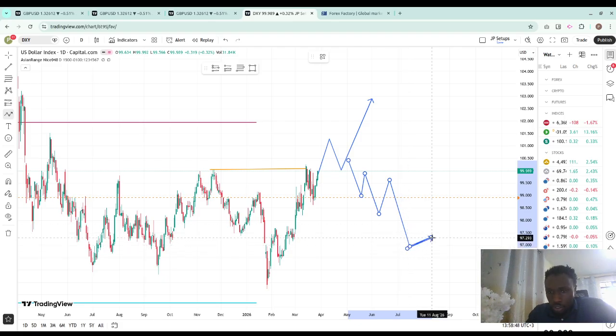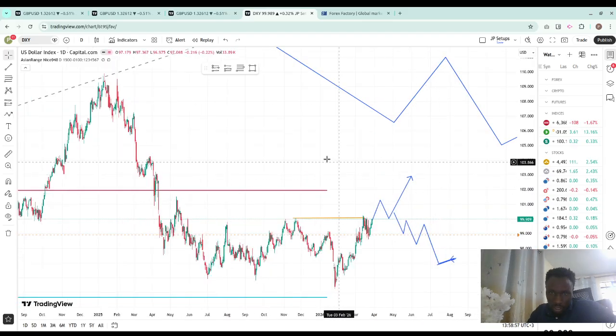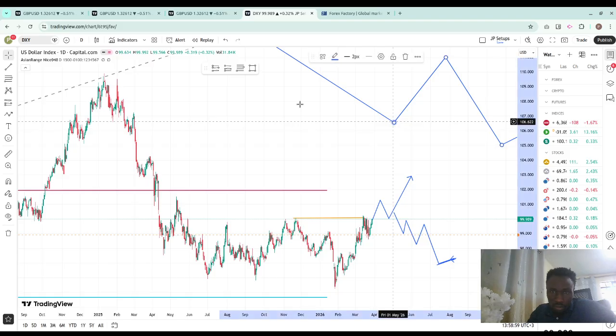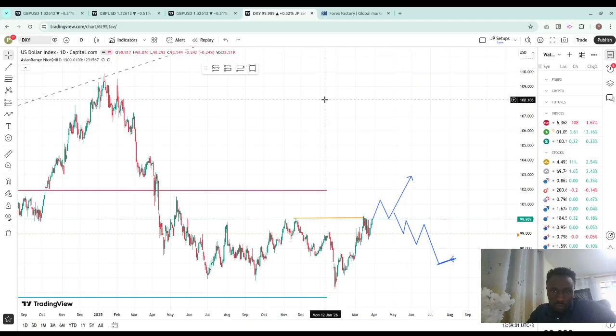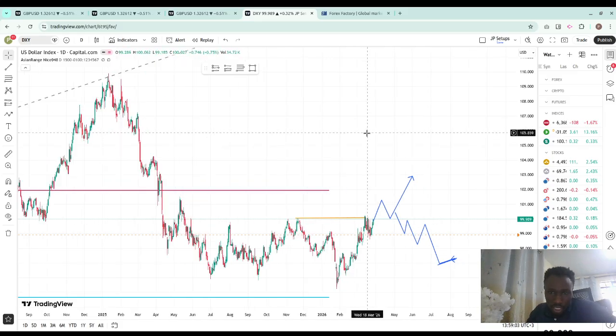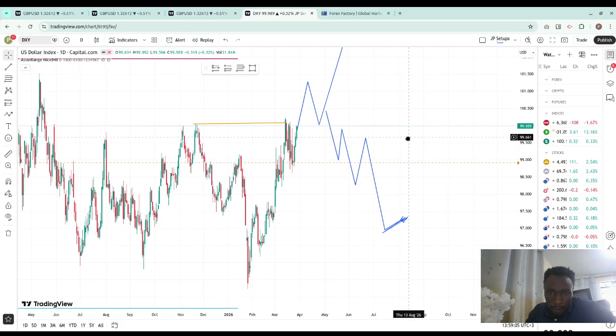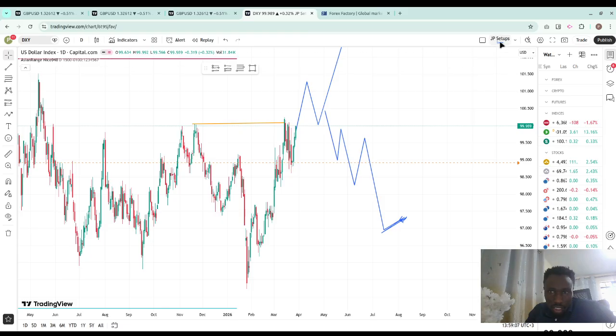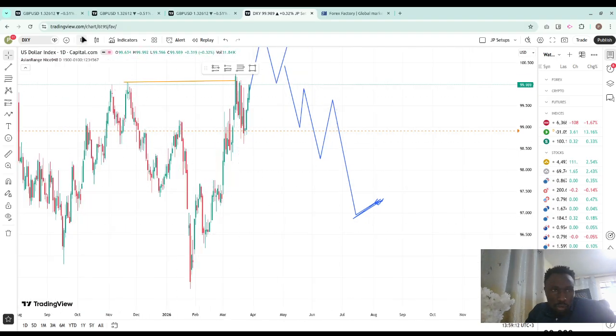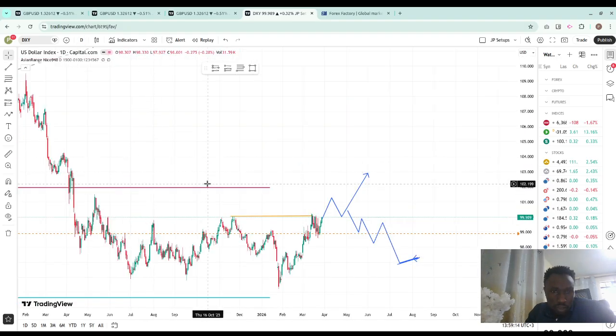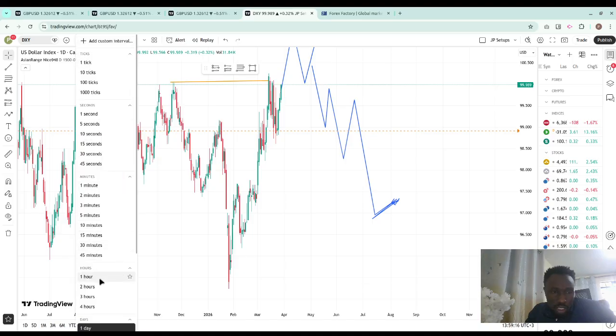So those are the two likely scenarios to happen. Okay, let me remove the other one. So those are the two likely situations that might happen. And so at the moment, the most important thing is trying to see how it will react there.